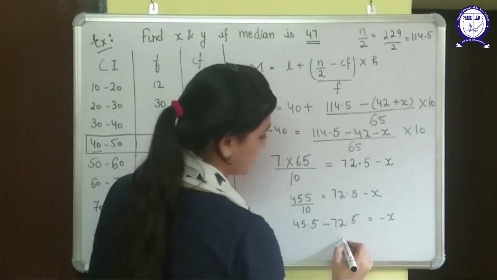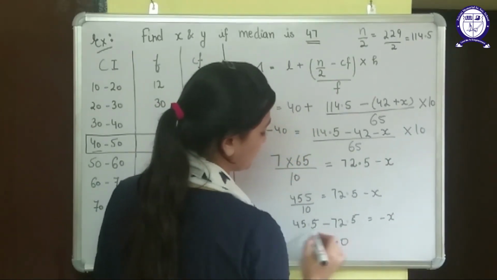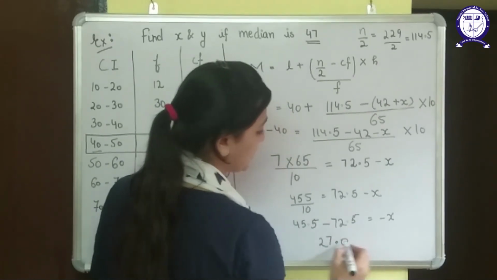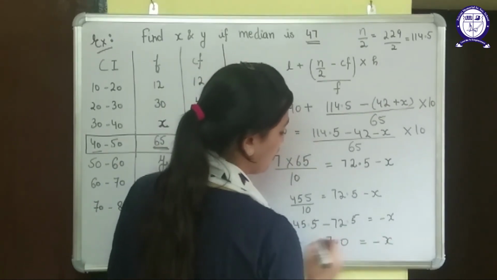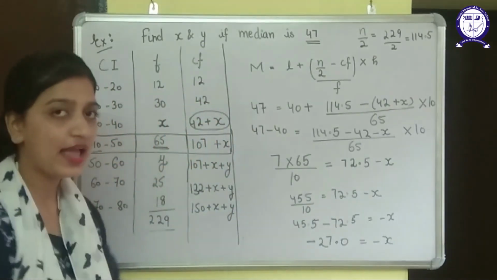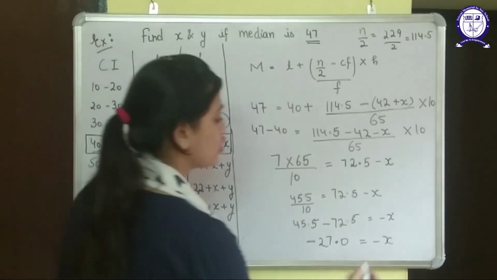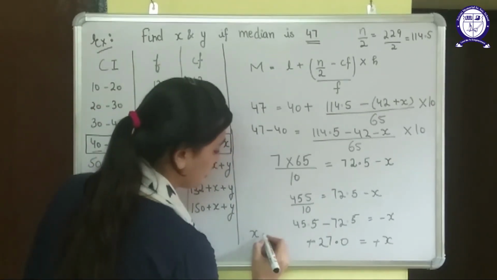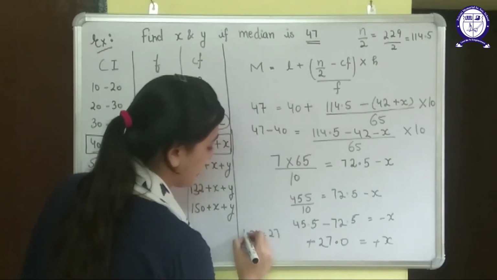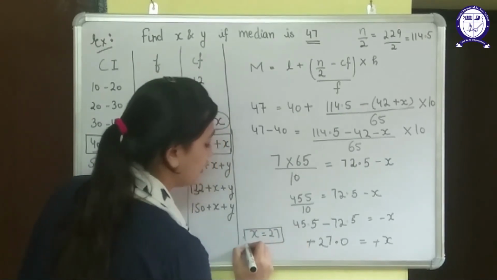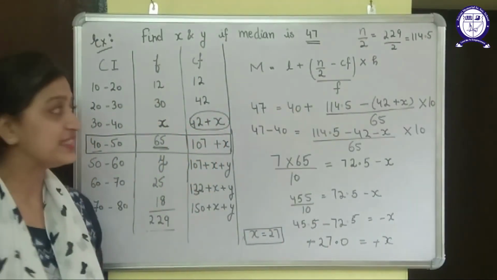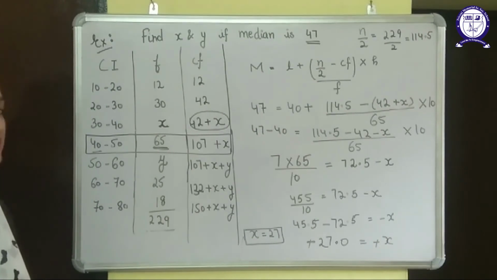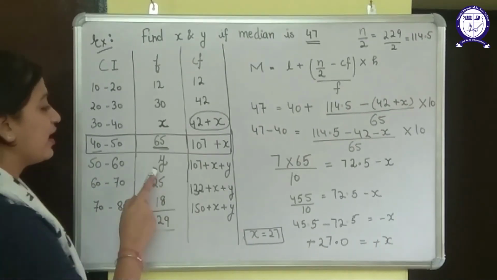So I will get 0.27.0 of negative, but I have x of negative also, so this will cancel. So my x will be 27. So I got the value of x, but still there is one more missing variable, that is y.